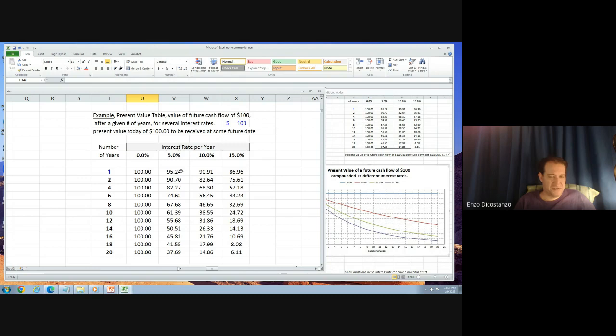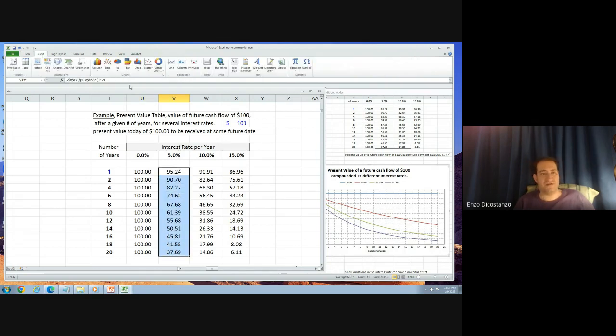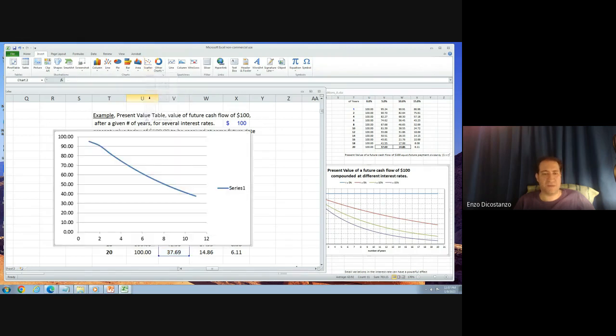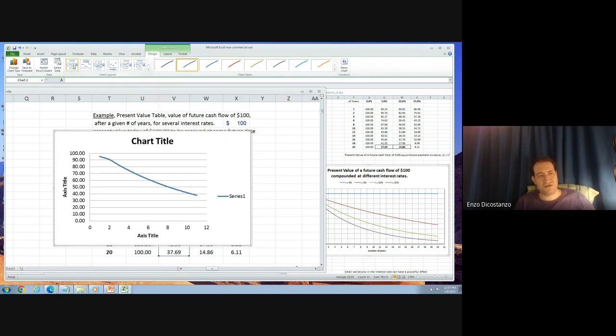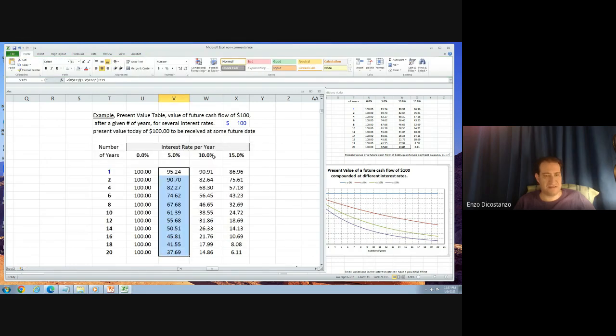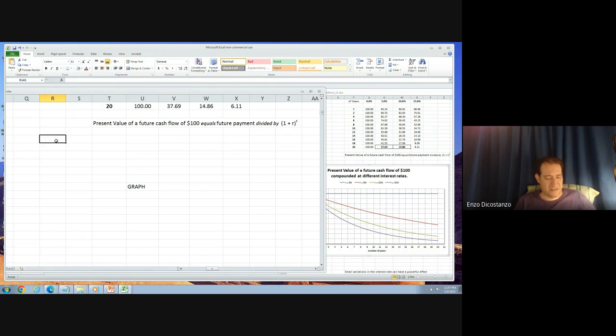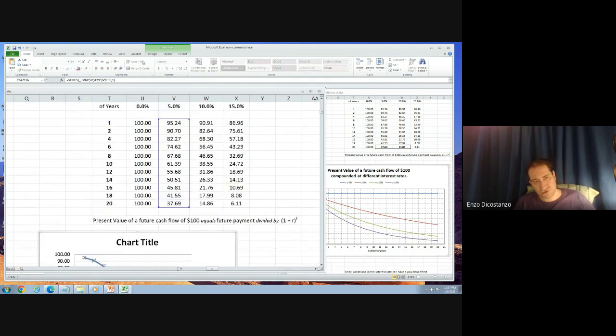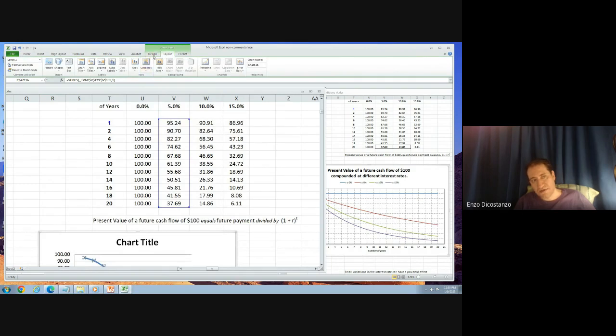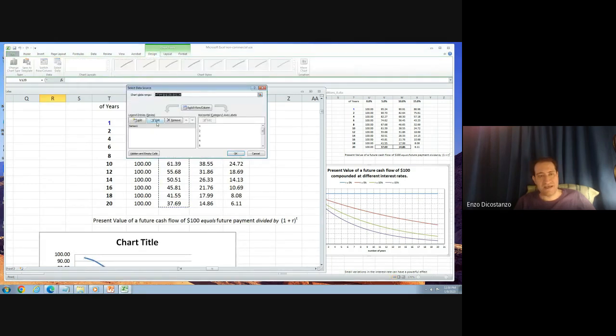So here, let's look at it like this. We'll take this. We'll say insert. Let's do lines. Nice smooth line. Chart layout. All right. You click on this, and actually here, cut this. Bring it down here. There's design, select the data, edit.